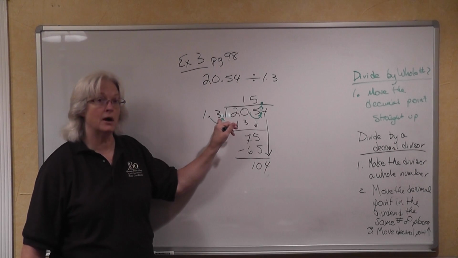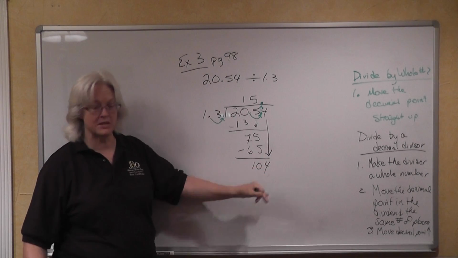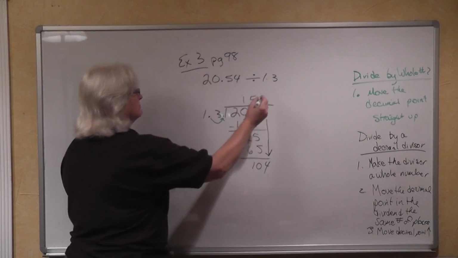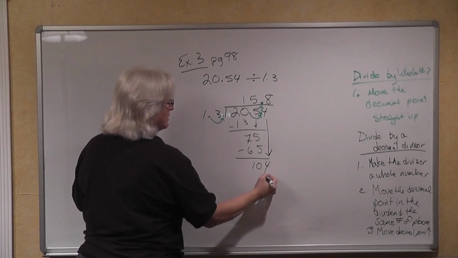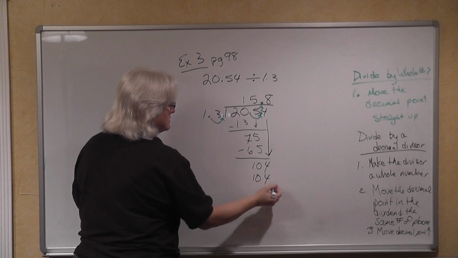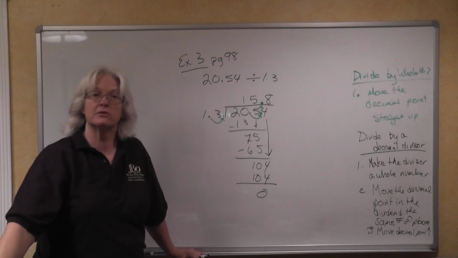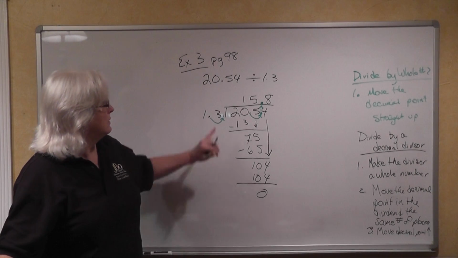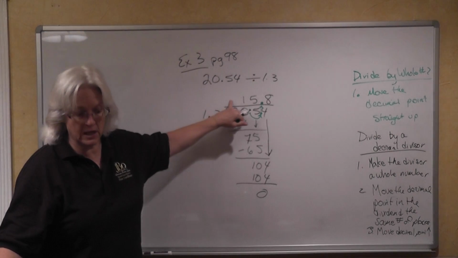I know it's not 9 because 3 times 9 is 27. 3 times 8 is 24. I carry 2. 8 times 1 is 8 plus 2 is 104. And I have a 0 remainder, so my division is completed. My solution right here is 15 and 8/10.